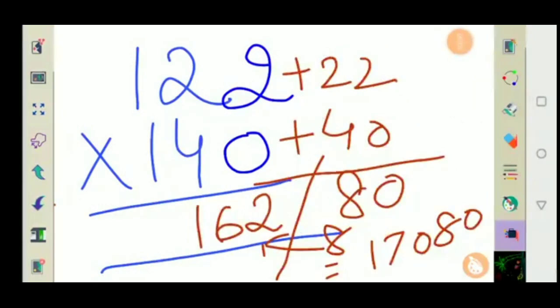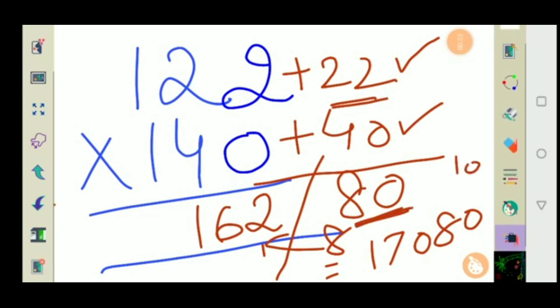Clear? Now let me show you again, writing neat and clean. Just see, 122 is 22 above the base 100, 140 is 40 above the base 100. Next steps are same. Multiply 22 with 40, you will be getting 880, but we are to take 2 digits only because our base has 2 zeros in 100.